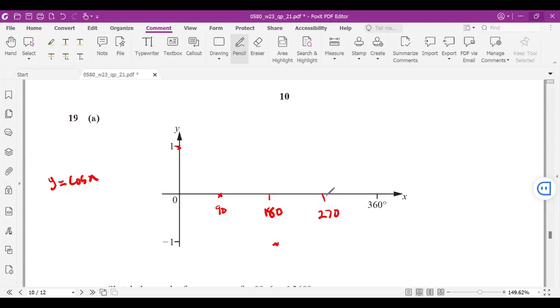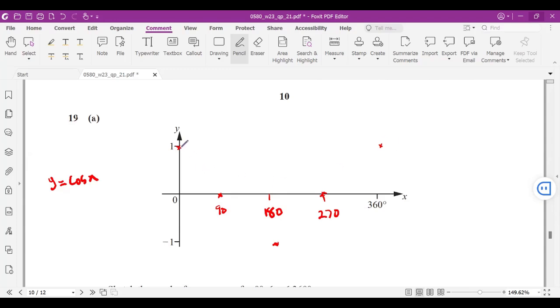And when it is 270, it's going to return back to 0. Then when it is 360, it will be coming up to 1.